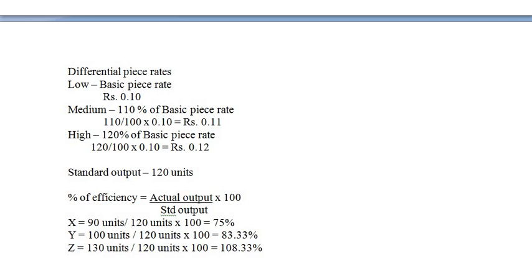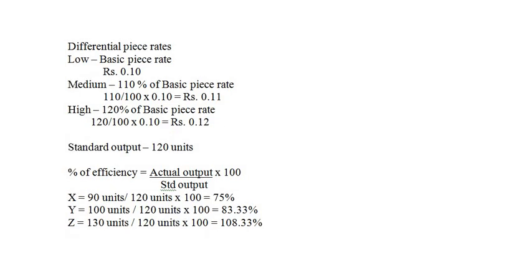Now based on their efficiency level, the wage rate will be fixed. Next thing is to calculate earnings. So write down the formula. Earnings is equal to number of units produced into rate per unit.